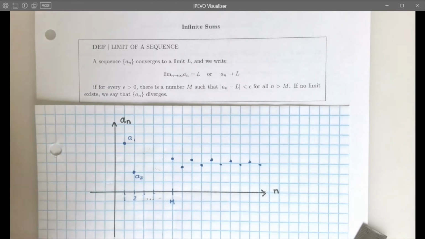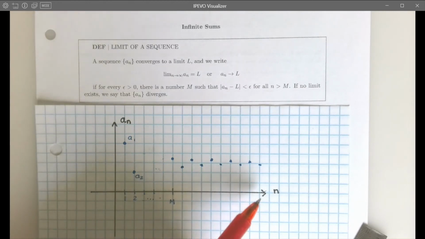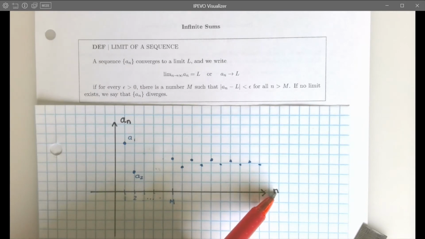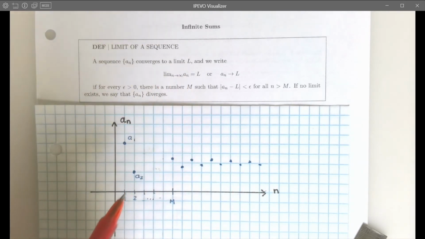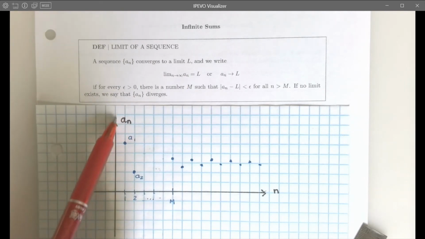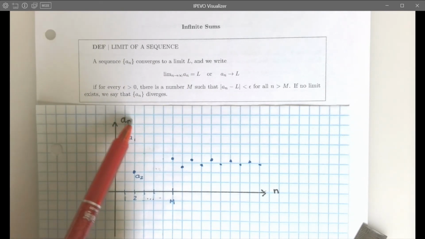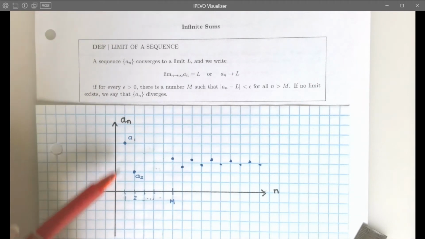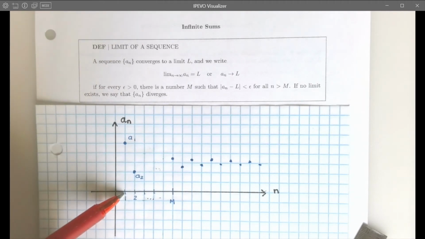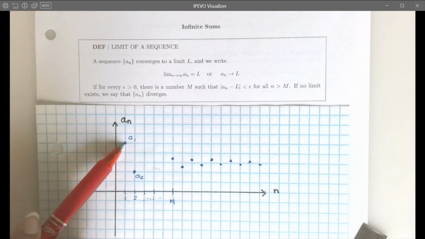So if you take a look, the horizontal axis here is representing n, okay, so it's kind of like the input, and then the vertical axis is representing a sub n, meaning the term in the sequence. And so at a1, for instance, at n equals 1, we get a first term a sub 1 that is up here somewhere.